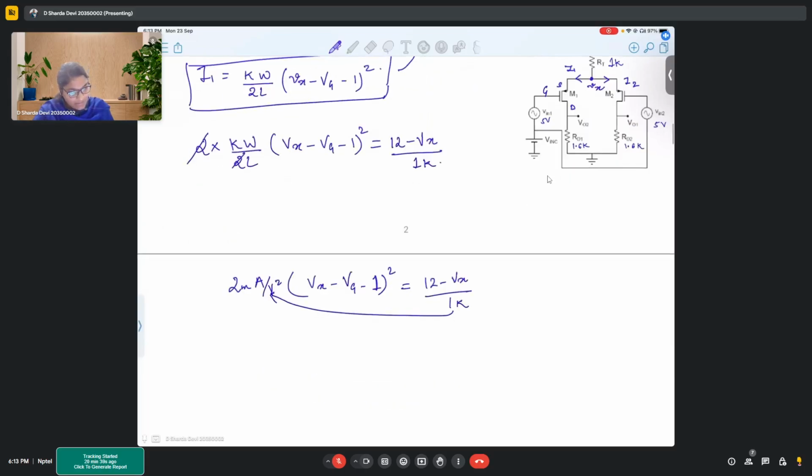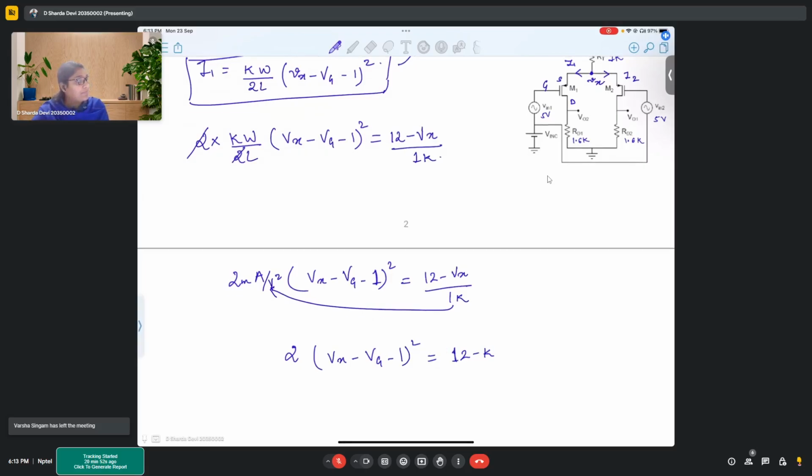If we multiply it here, we'll get 2 times (Vx minus Vg minus 1) whole square equals 12 minus Vx.